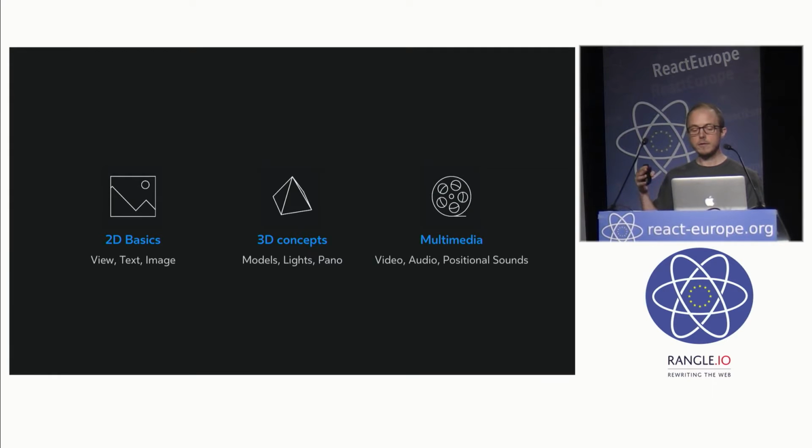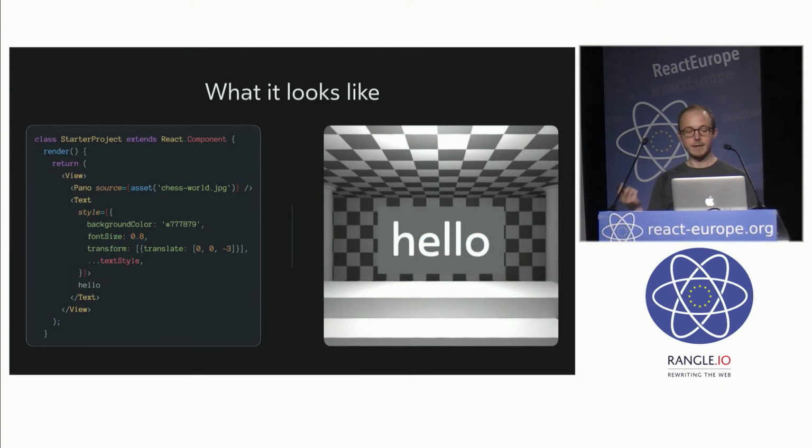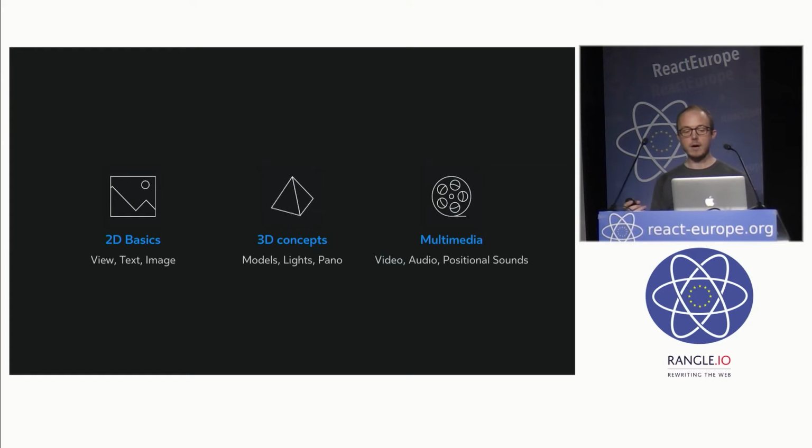But we also supplement those with the common multimedia types of VR, and that's video, audio, and positional sounds. With these components and interactions on them, an amazing amount of VR applications can be accomplished. All the components are presented to you, the developer, in a simple, familiar React way. So let's have a look at the code eventually.